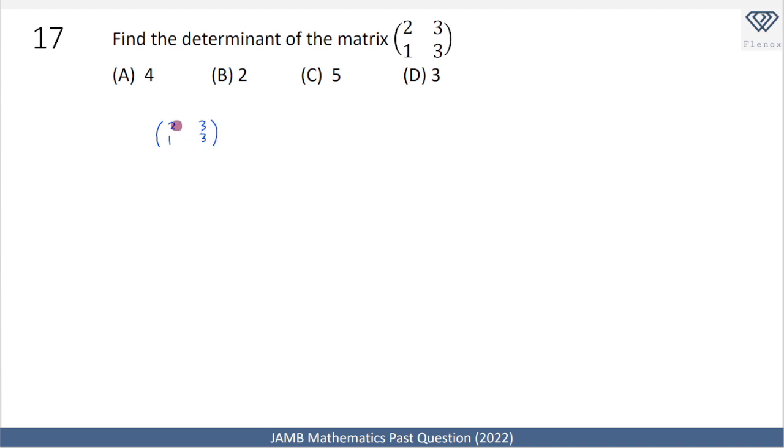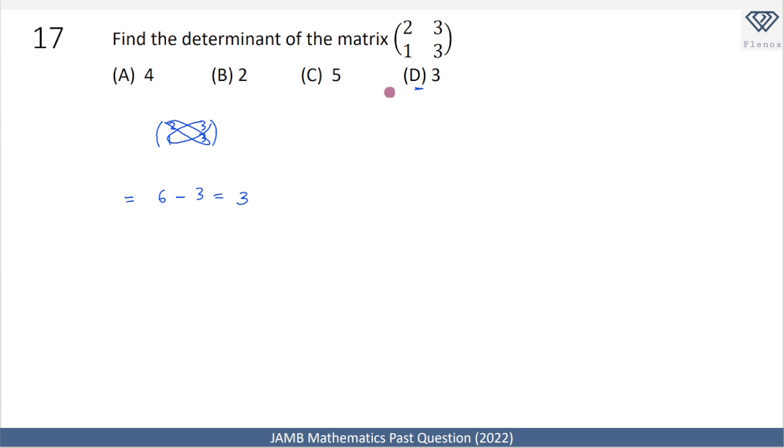The diagonals will just be what you have in the diagonal. You multiply them together and you subtract from each other. So in this case, we're just going to have 2 times 3, which is the first diagonal, which is what? 6. And the next diagonal is 1 times 3, which is 3. And what is 6 minus 3? 6 minus 3 is 3. So the determinant of the matrix is option D.